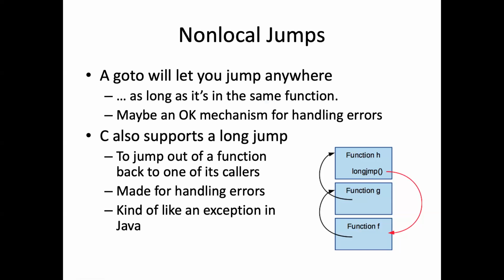That's what a non-local jump does in C. Same idea. It lets you exit out of not just one function, but a whole stack of functions that have called each other until you get to code that you marked as error handling code.